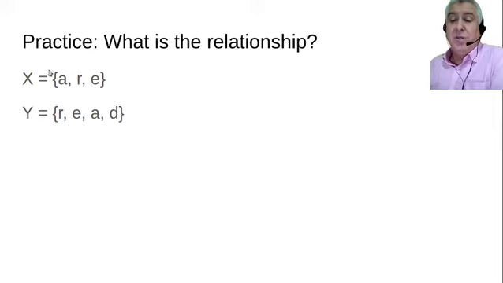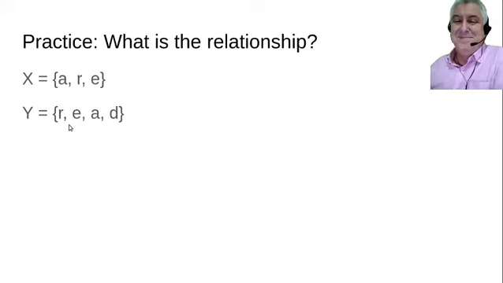So we want to know what the relationship is between these. I'm going to give you a second, look at it, write down what you think. There's no right or wrong answer. Well, that's not exactly true. This one doesn't count, so you can get it wrong and it won't count.